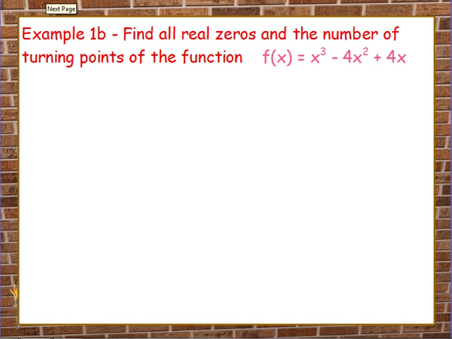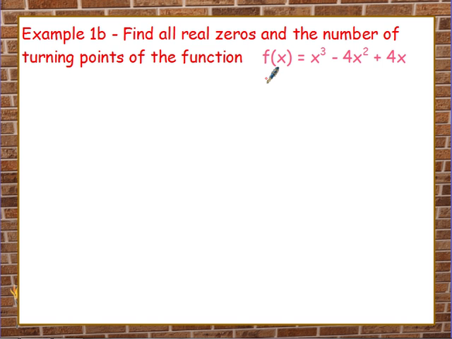Okay, so I want to do the same thing. This time my function is f of x equals x cubed minus 4x squared plus 4x. Before I even do the math, let's analyze this.